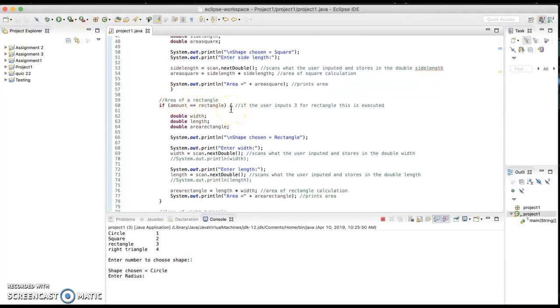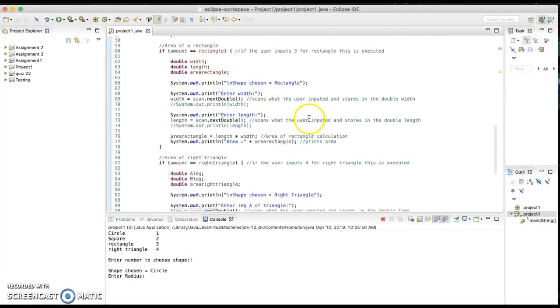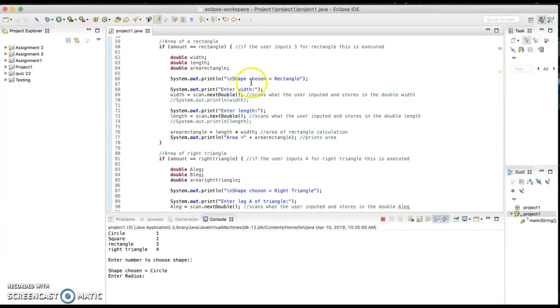And then for rectangle, which is 3, I have 3 doubles here because we need the width and the length and then the area. And so it prints out that you did indeed choose a rectangle, and it asks you to enter the width. And then it will scan what you entered, and then it will ask for the length, and this will scan the next double.